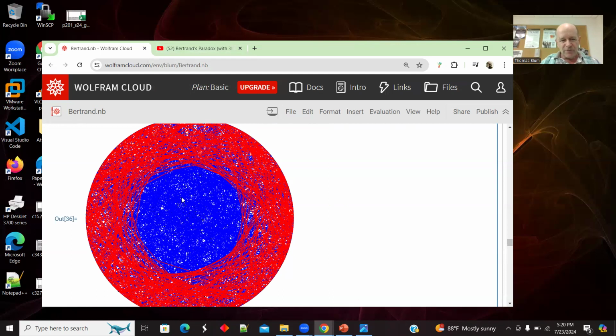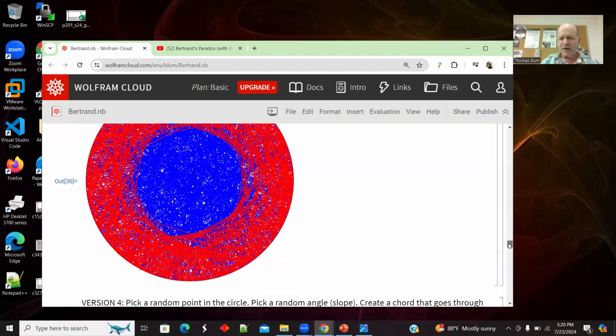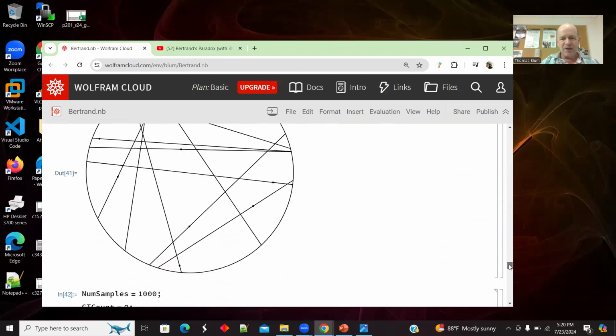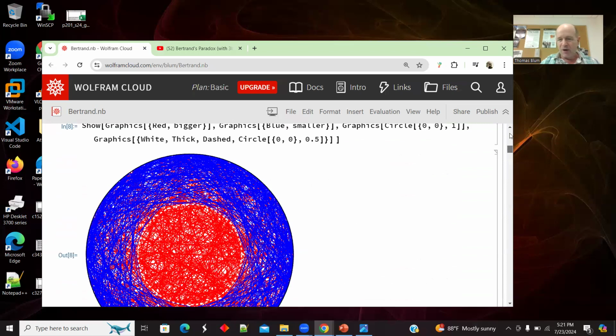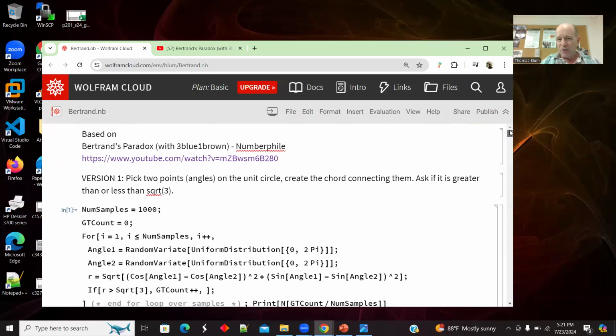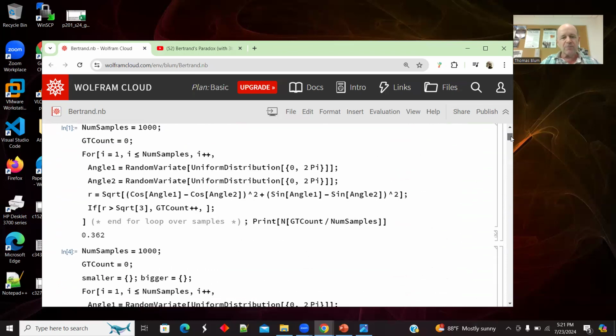It seems maybe this one has the most uniform density of chords, and so it might in some way be a preferred answer. But the whole thing just says I get different answers depending on how I pick and define my chords, what distribution I pull my chords from.